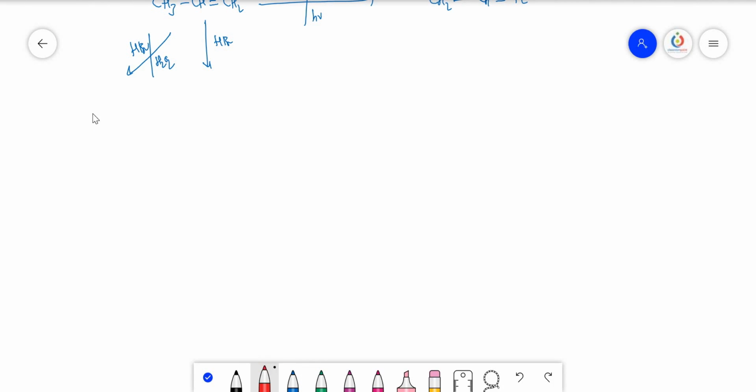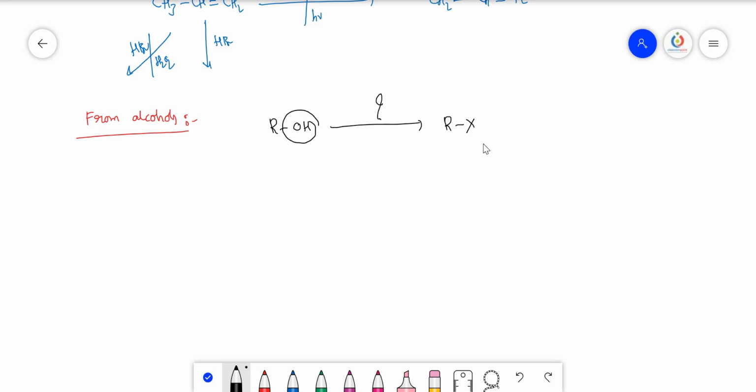Now, from alcohols. So, how to convert the alcohol? Alcohol means we know that the ROH part is to be converted to the RX part using again some halogenating agent. So, this halogenating agent must be able to replace this OH part and able to introduce the halogen atom at the same carbon atom.